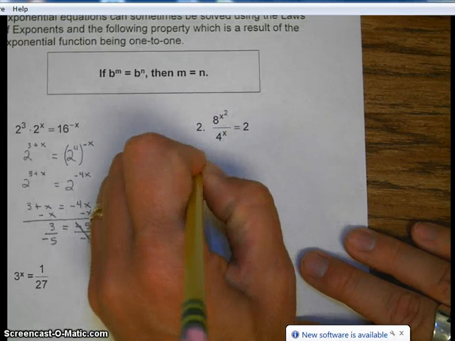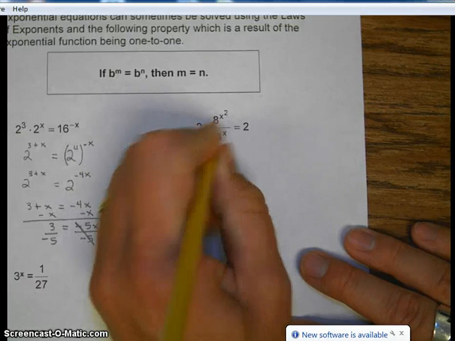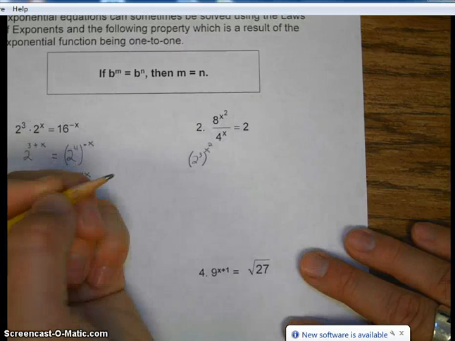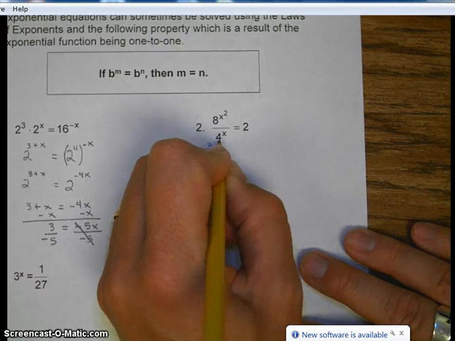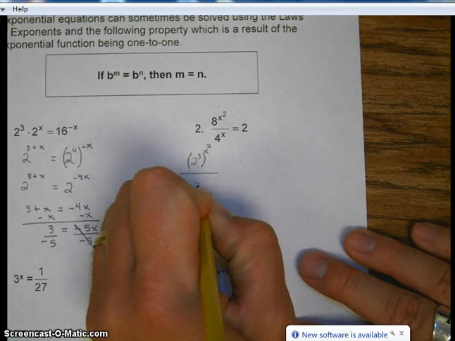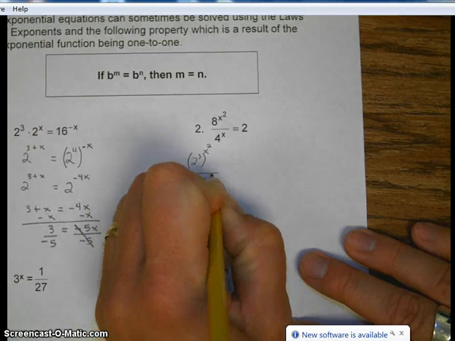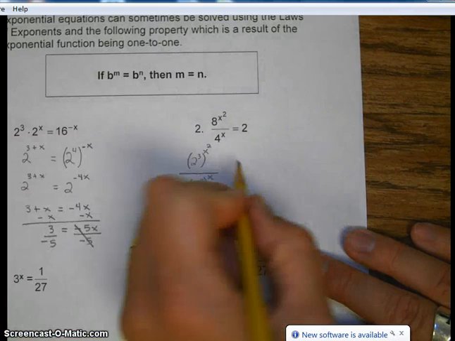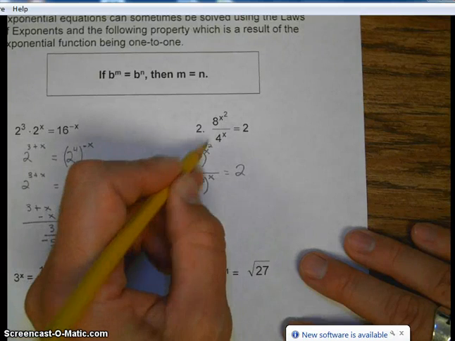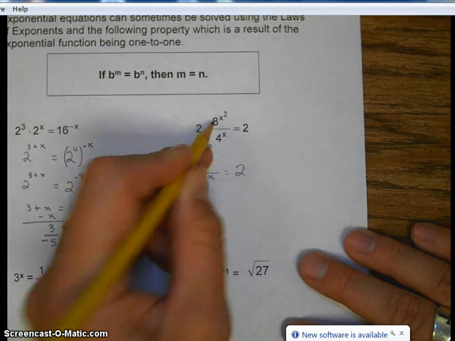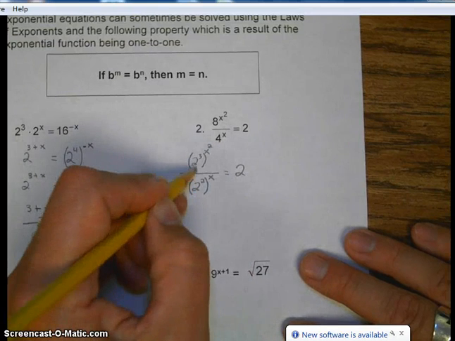So we use 2 to the third power, which gives us 8 raised to the x squared power, over 2 to the first, no, 2 to the second, yes. Notice how I made them both base 2. 2 to the third is 8, 2 squared is 4, and my bases are the same.